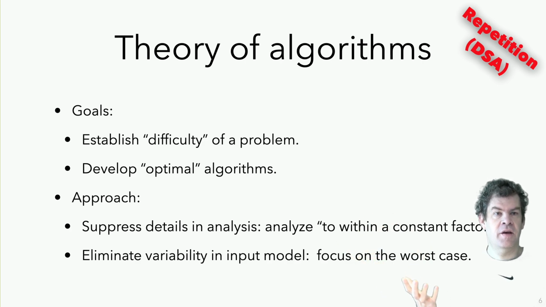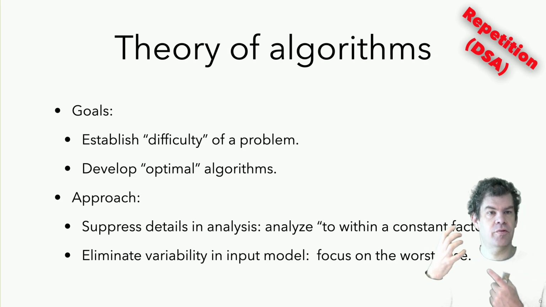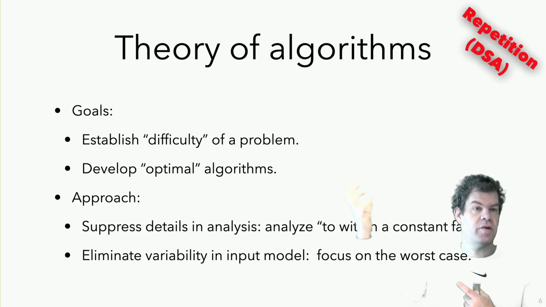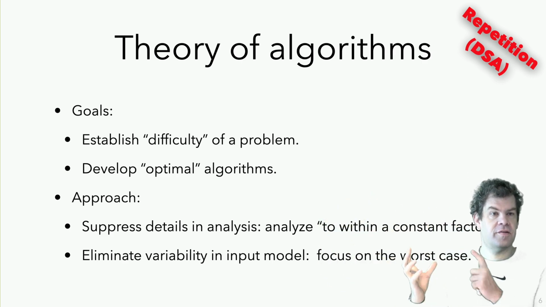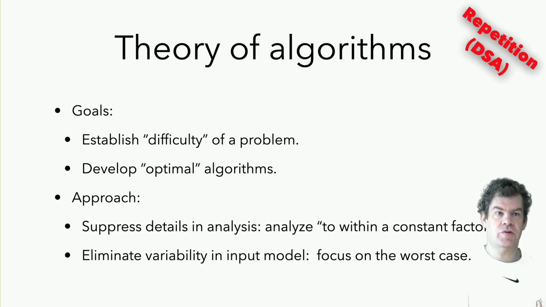And then you can try to establish a difficulty for that problem, right? So is it possible or not possible to solve this problem any faster than whatever? So this is one side. And then the other side is you look at specific solutions to a problem.